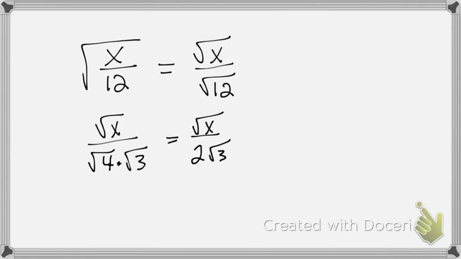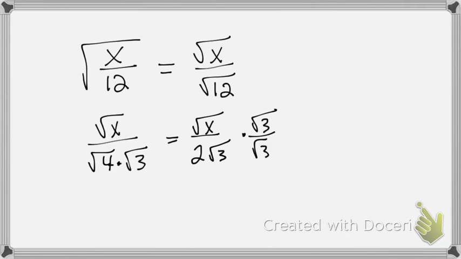Now, if you remember correctly from yesterday, we cannot have those radicals in our denominator. That is a no bueno. So we need to multiply it by itself. We need to multiply the bottom and the top by the square root of 3. Remember our rules, what you do to the bottom, you need to do to the top, and vice versa.